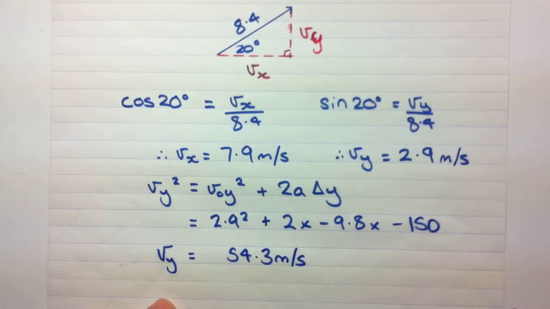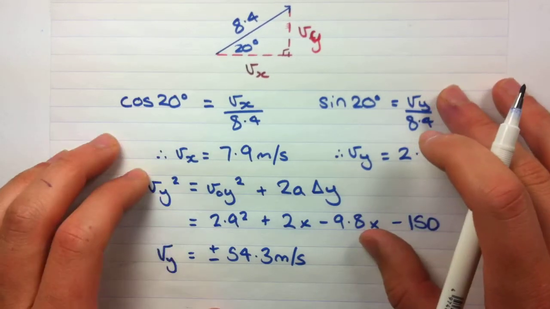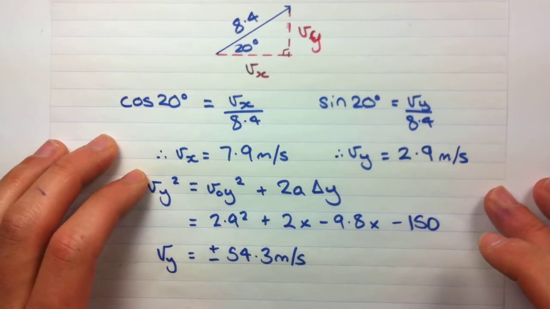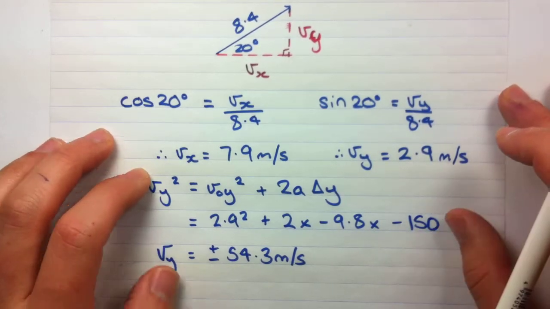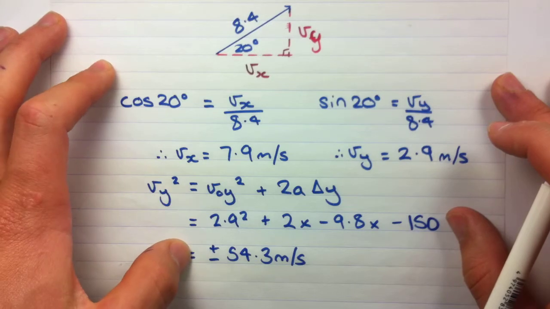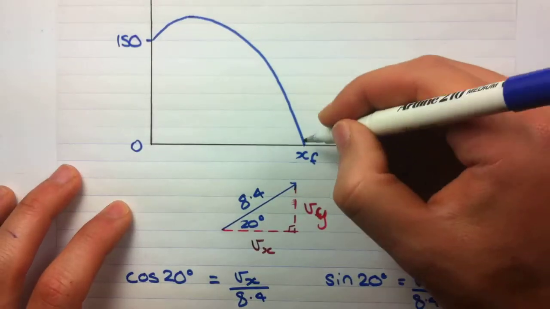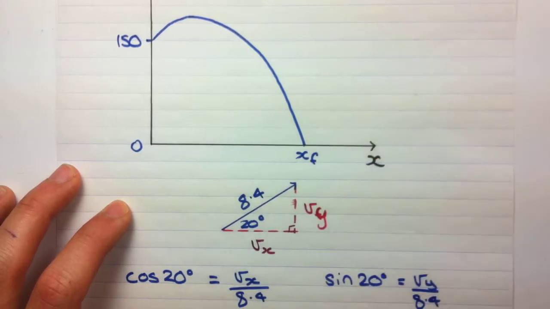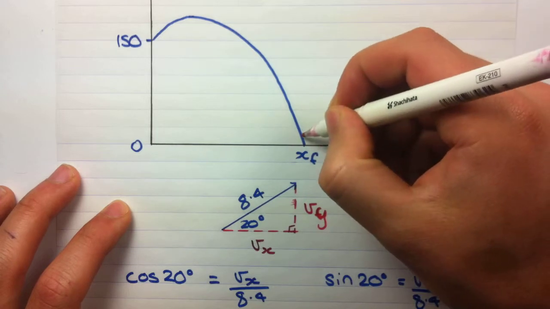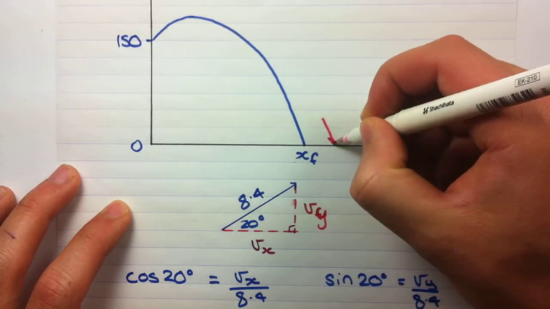meters per second. But we know from school maths that when we take the square root, this can be positive or negative. While it may seem a bit arbitrary, it's actually really important because it can affect our answers in the coming parts of the question. To decide which one it is, we need to have a look at our initial diagram. If you look at the velocity vector at the end of the motion, it's down like this, isn't it?